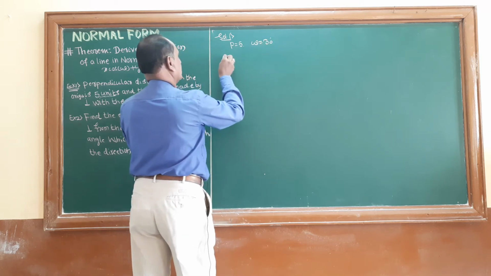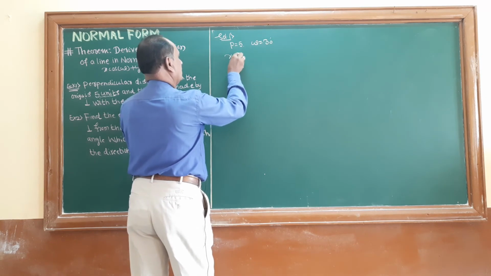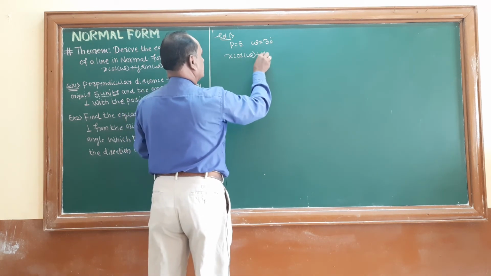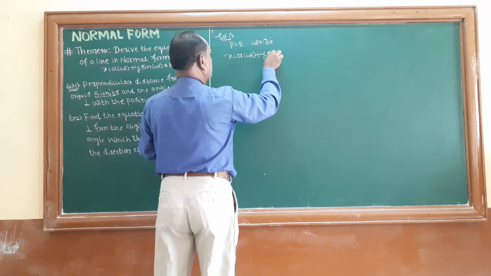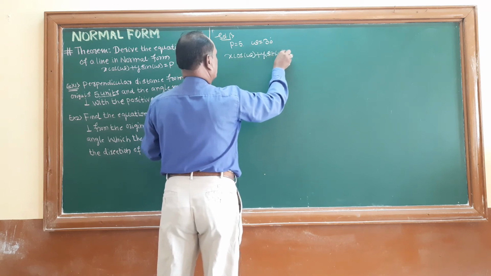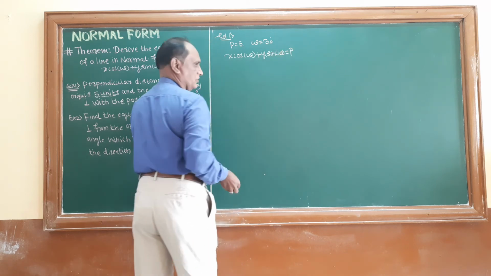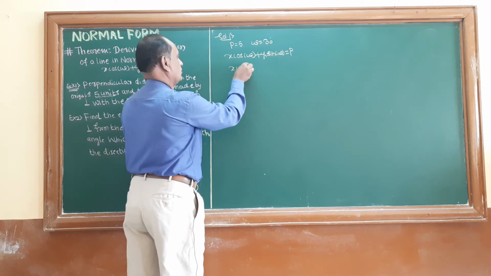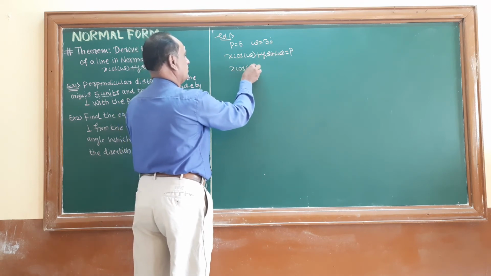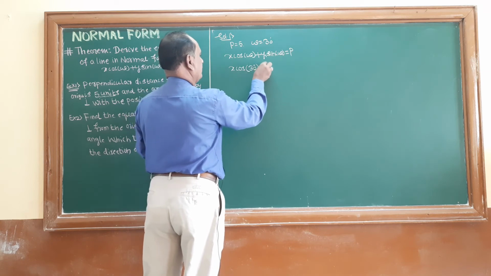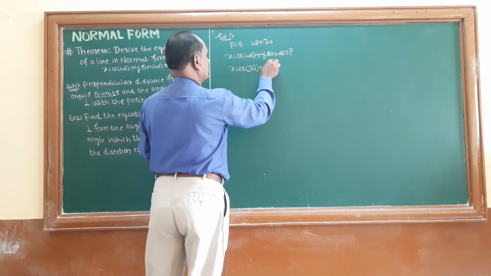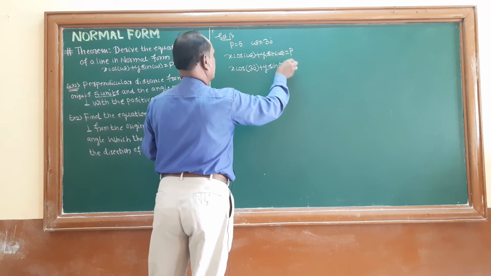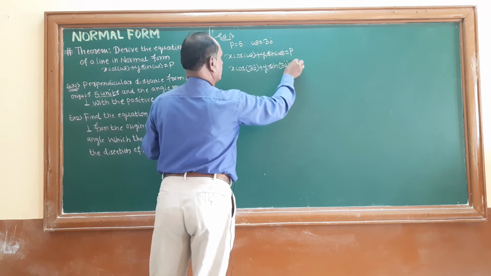Equation of the line: the formula is x cos omega plus y sin omega is equal to p. Substitute the values: x cos 30 degrees plus y sin 30 degrees is equal to p, which is 5.